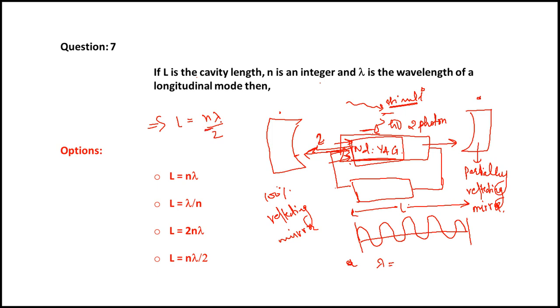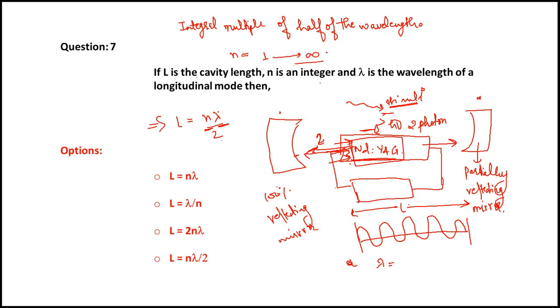So it should be an integral multiple of half of the wavelength. Got it? Also, one more thing to note: the n value is not less than 1. It is always from 1 and can reach infinity.